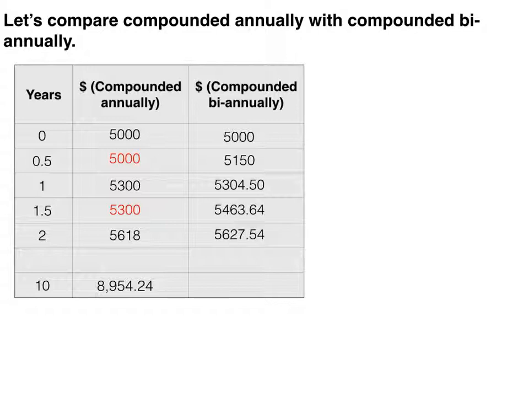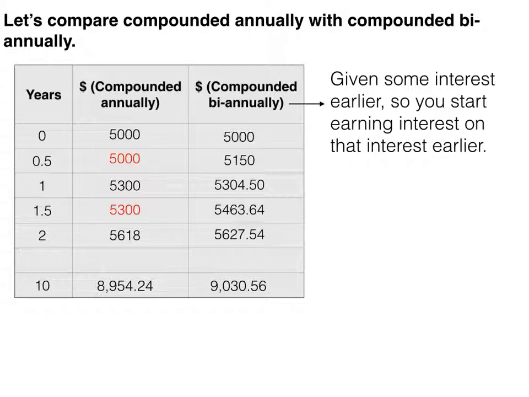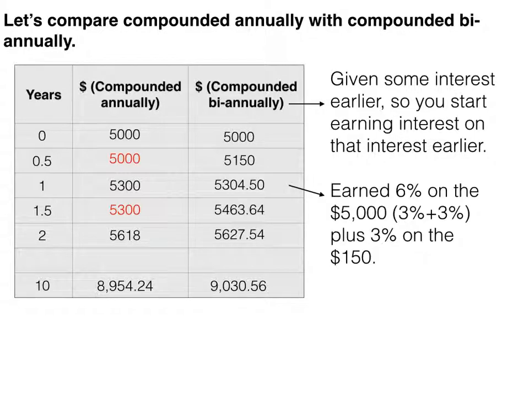And we keep adding, and our money keeps getting more and more because we keep earning more interest on more interest. So when we compounded biannually, we were given some of that interest earlier. So essentially we start earning interest on that interest earlier. If we look at this one right here, after 1 year has gone by, we've earned 6% on the 5,000, just like we did when we compounded annually.